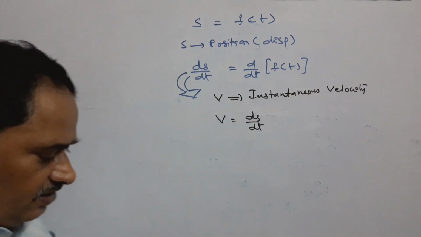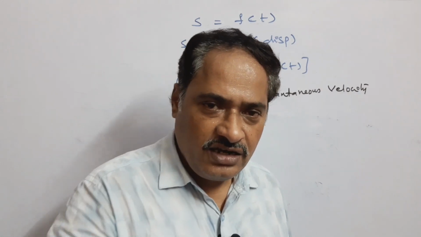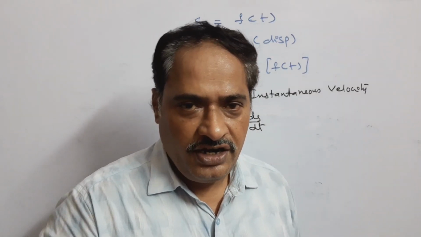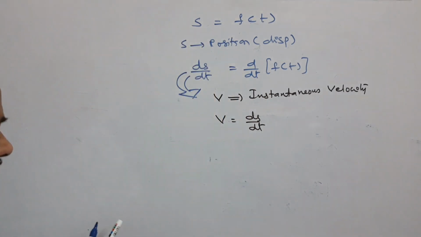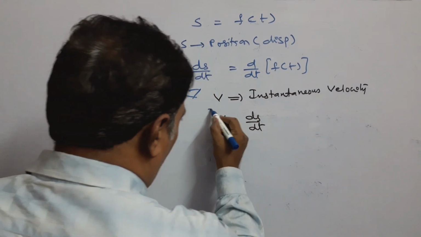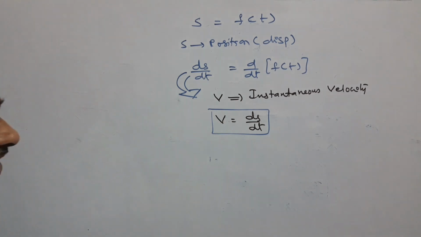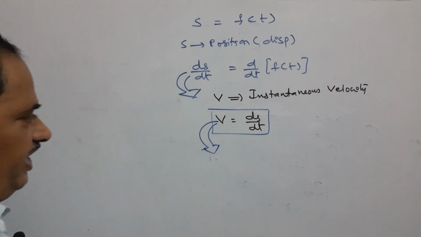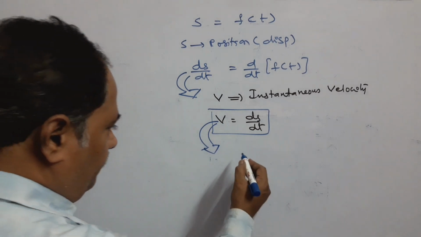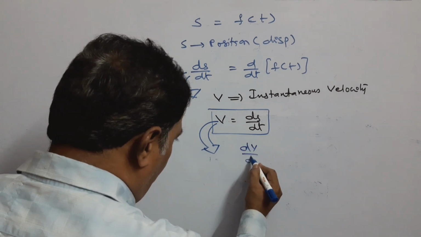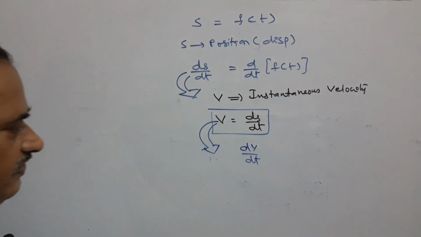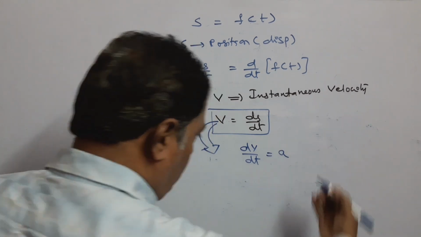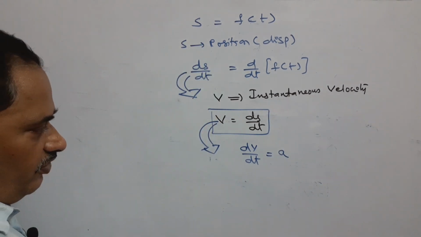Therefore, v is equal to ds by dt. If you require t equal to 1 second, you can substitute t equal to 1. T equal to 2 seconds, you may substitute that value. Now, consider v equal to ds by dt. If this v is differentiated once again with respect to t, dv by dt, this is known as instantaneous acceleration.